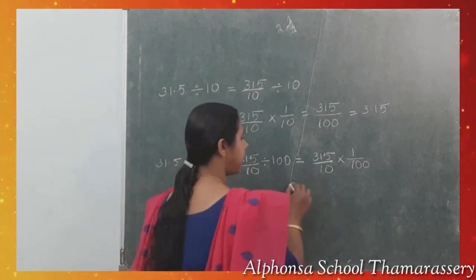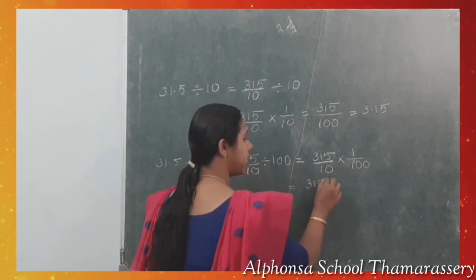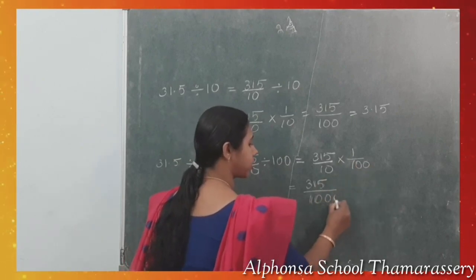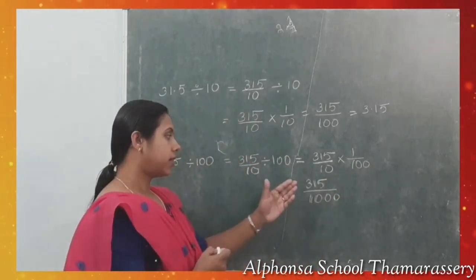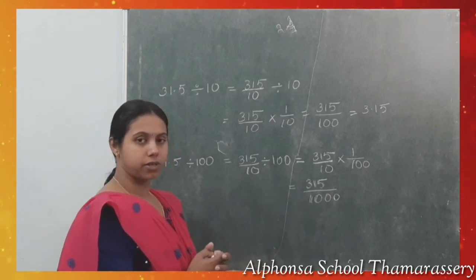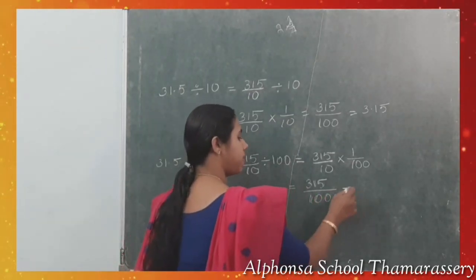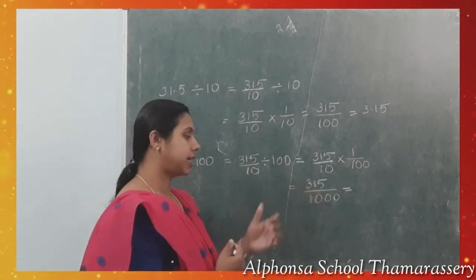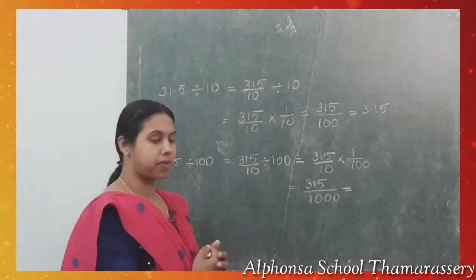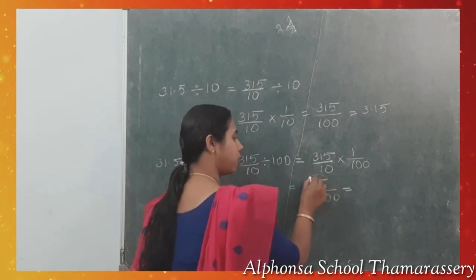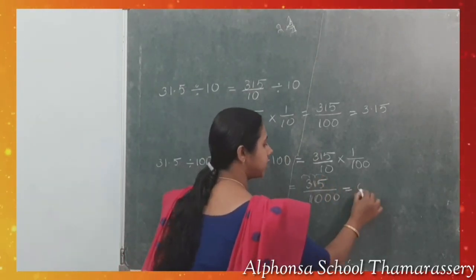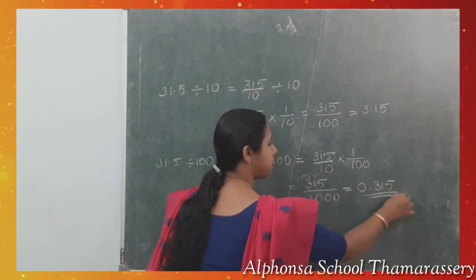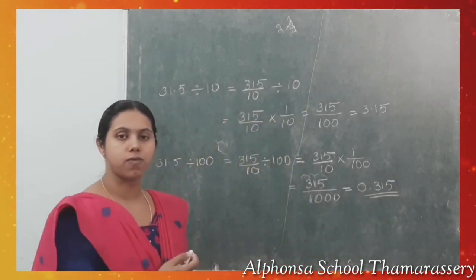Then it will be 315 divided by 10 into 100, that is 1000. The fraction we know how to convert to decimal. The denominator has 3 zeros, so when you are writing the decimal form, there are 3 decimal places: 1, 2, 3. So it will be 0.315.